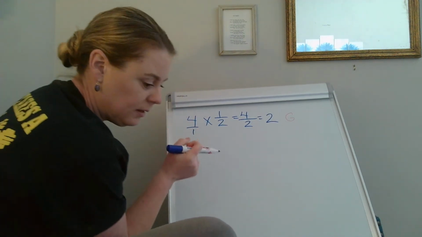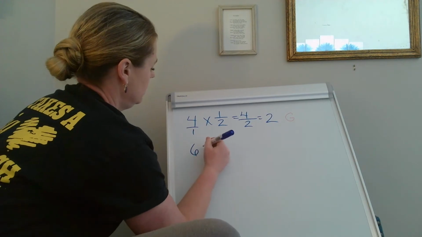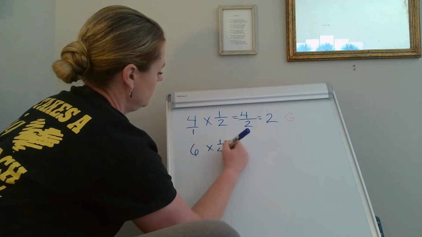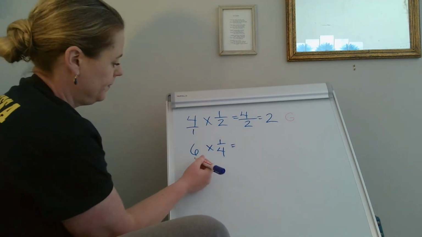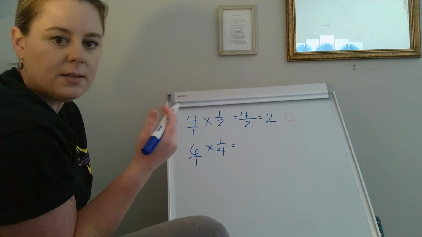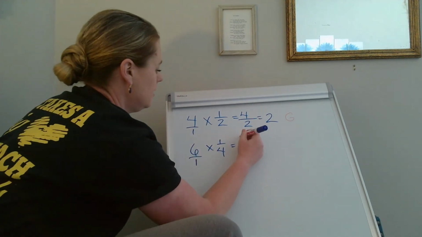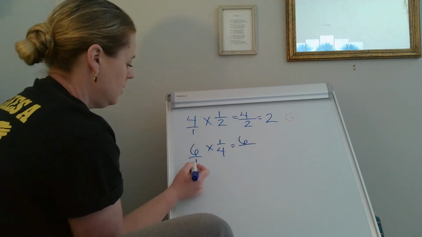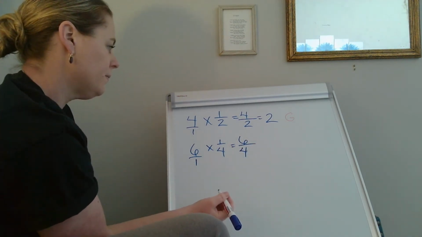Okay, next one. 6 times 1/4. Again, 6 goes over 1. Then we multiply the numerator straight across and the denominator straight across. So 6 times 1 is 6. 1 times 4 is 4.